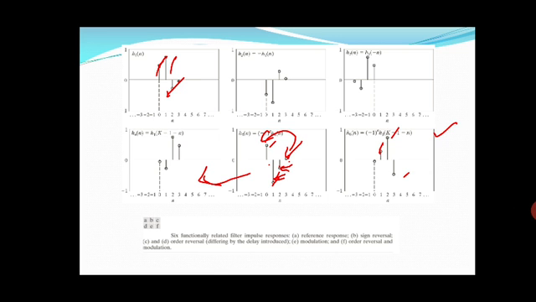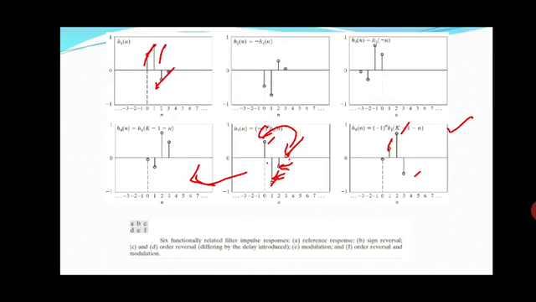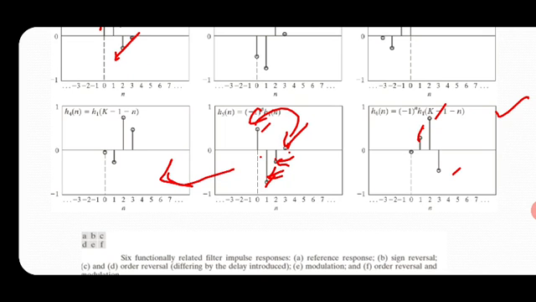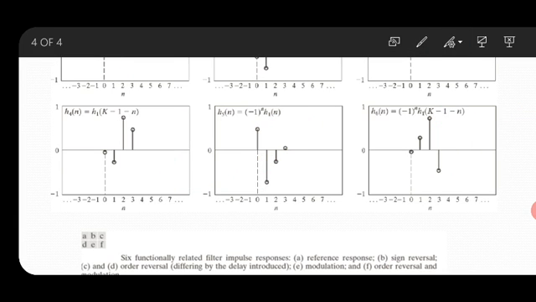In the sixth diagram, whatever you obtained in the fifth one, you just replicate here. That means you reverse it, flip it. Because of minus 1 raised to n times h1 of k minus 1 minus n, this sample is negative.